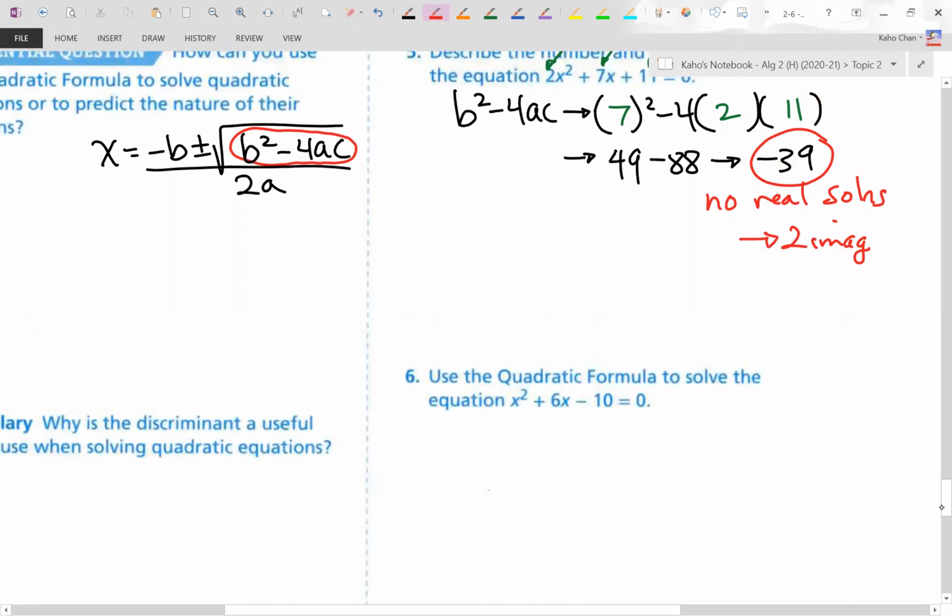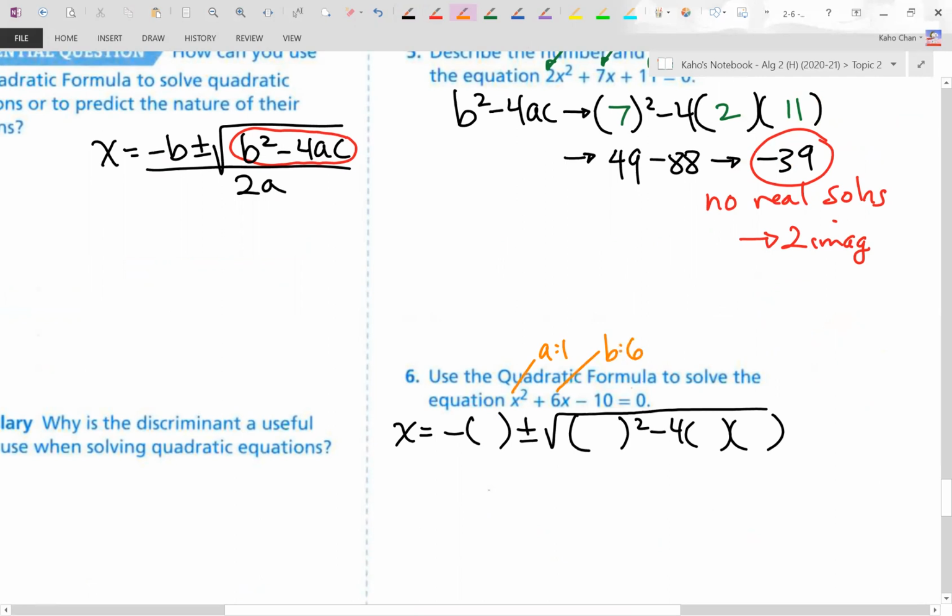All right. Let's try number 6 using the quadratic formula. Negative b plus or minus the square root of b squared minus 4ac. Plug the numbers in. A is 1, b is 6. C, of course, is negative 10. Watch out for those negatives.